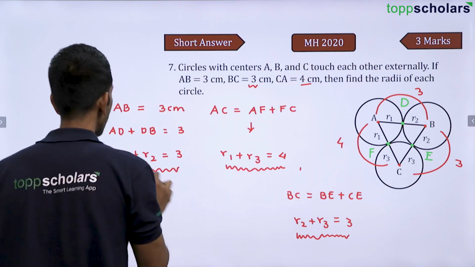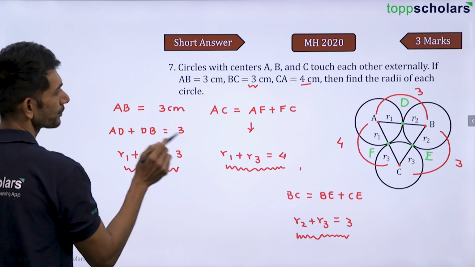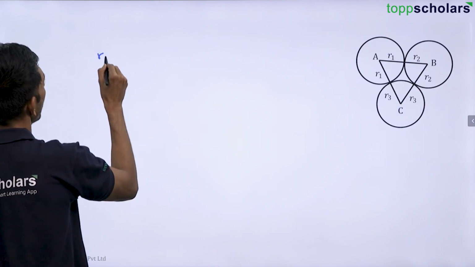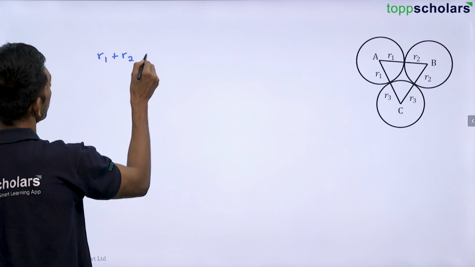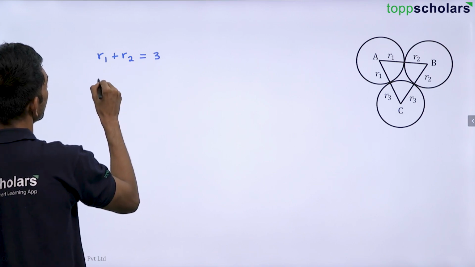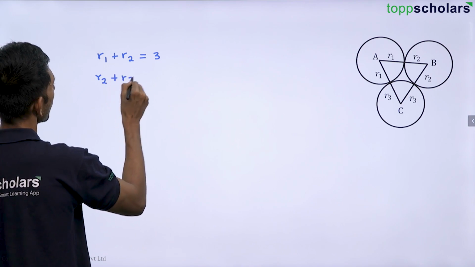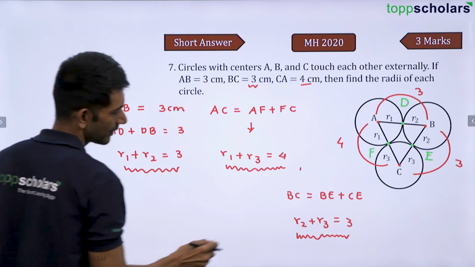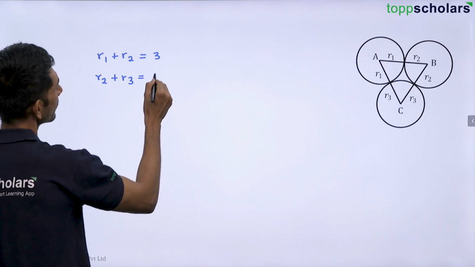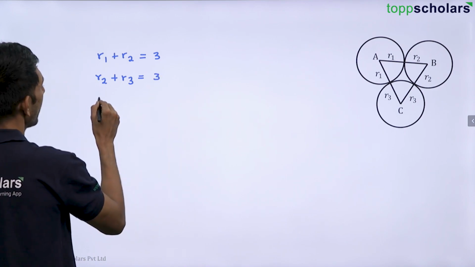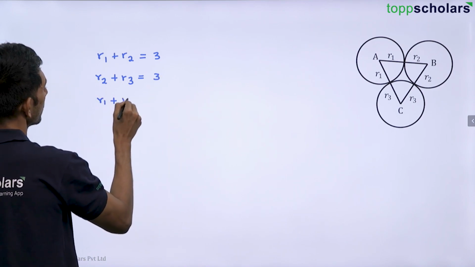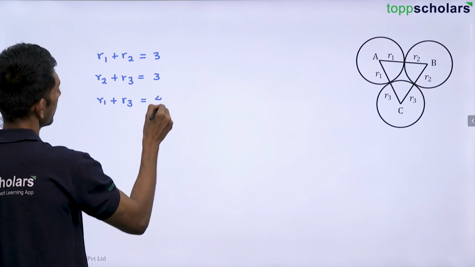So what do I have? I have R1 plus R2 as 3. Then R2 plus R3 is also 3. And then R1 plus R3 is 4.